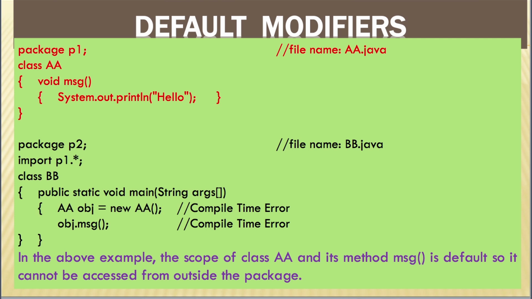Now see another point, that is the third point. It cannot be accessed outside the package and it provides more accessibility than private. Obviously it provides more accessibility because private members are used only inside the class.